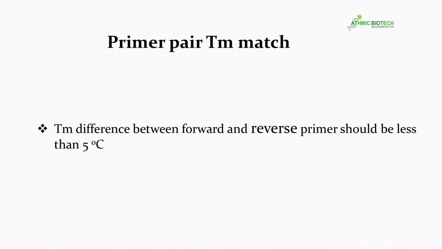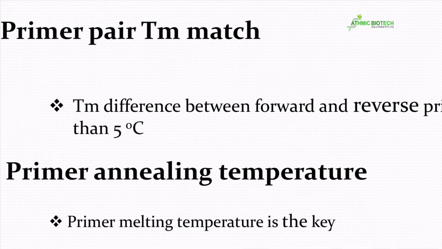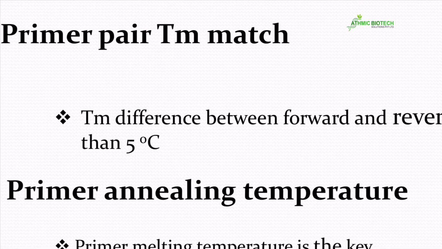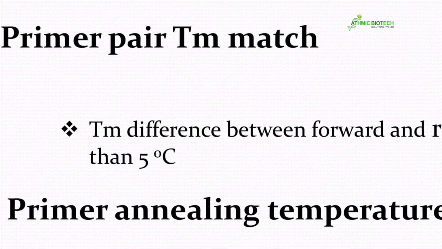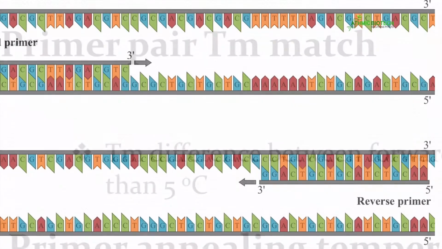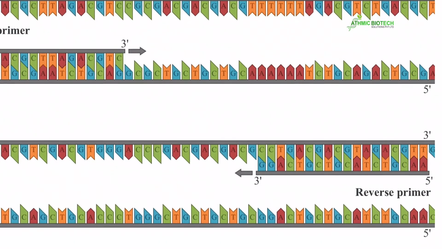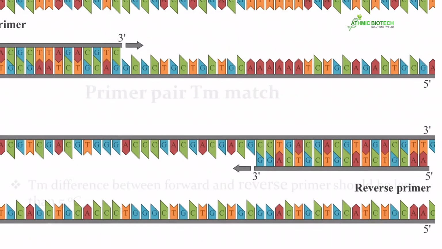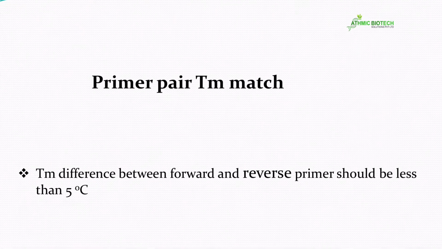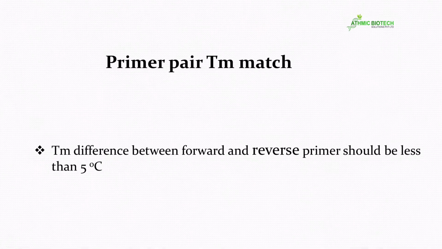Now you check how much is the difference between the melting temperatures of the forward and reverse primer. If it is more than 5, the PCR will not work. Suppose for the forward primer you got a melting temperature of 52 and for the reverse 54. The difference is only 2 degrees Celsius. That primer pair will work much better.